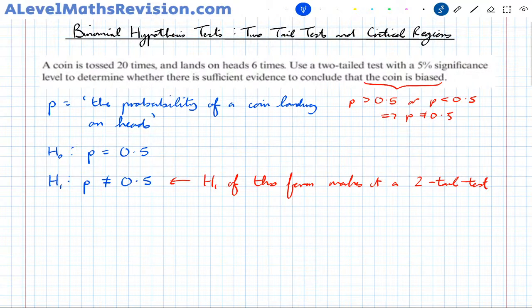So the coin's tossed 20 times and it lands on heads 6 times. Our observation is 6. So our observed value, I'm writing it in red because this won't form part of the answer, equals 6. And we've got to decide whether that's more or less than expectation.